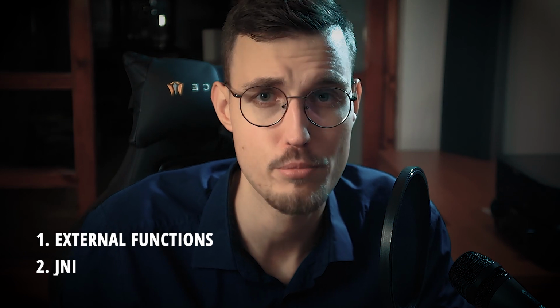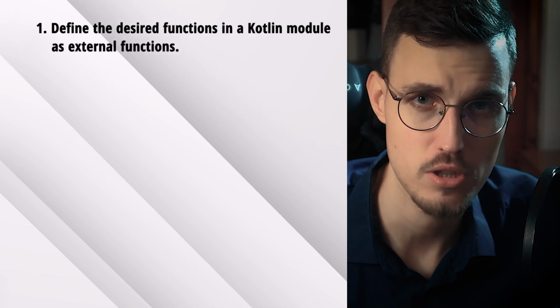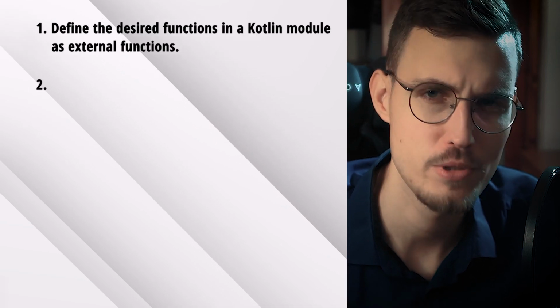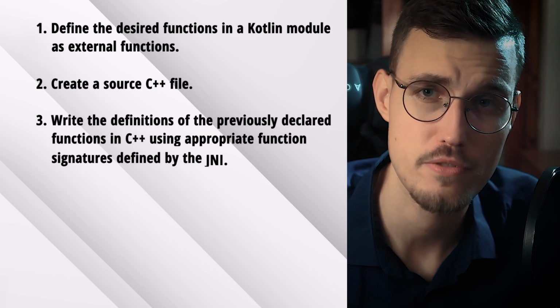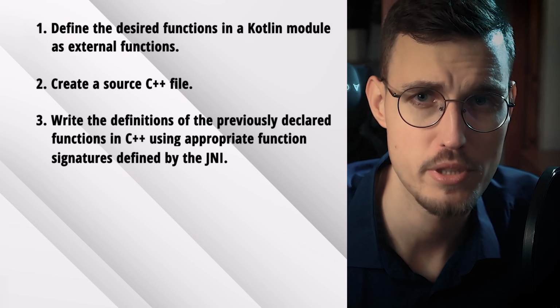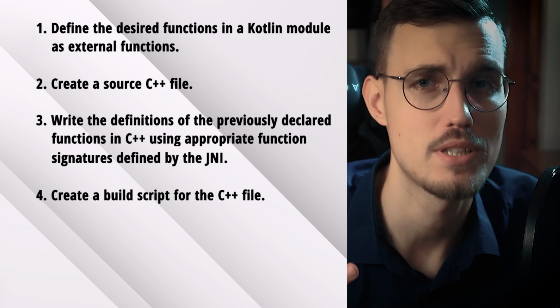Java Native Interface is a programming framework that allows a programmer to call C, C++ functions from Java and Java methods from C, C++. In this tutorial, you will learn how to call C, C++ functions from Kotlin using these two components. To call C++ code from Kotlin, you need to define the desired functions in a Kotlin module as external functions, create a source C++ file, write the definitions of the previously declared functions in C++ using appropriate function signatures defined by the JNI, create a build script for the C++ file.